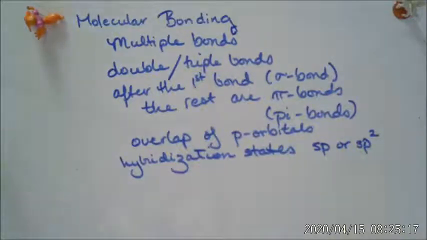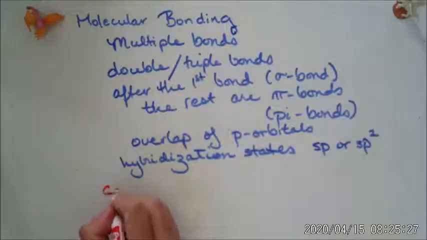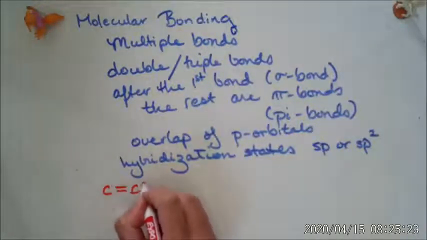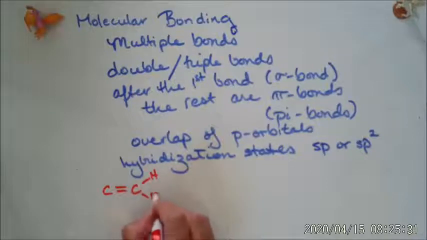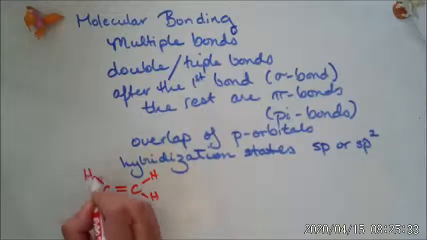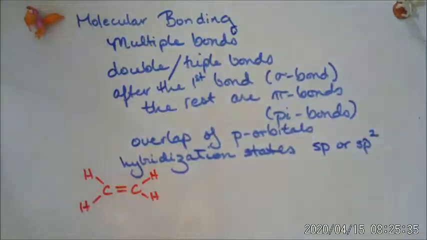Okay? So if we do that, let's take a look at what happens. We're going to look at this molecule, ethene. These are sp2 hybridized.